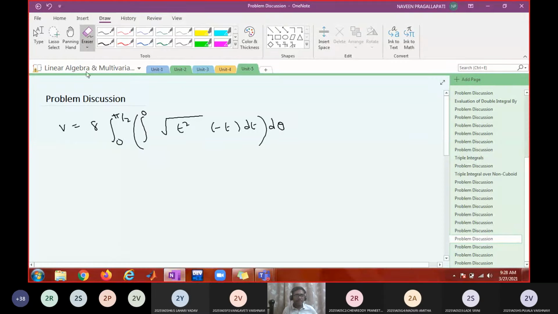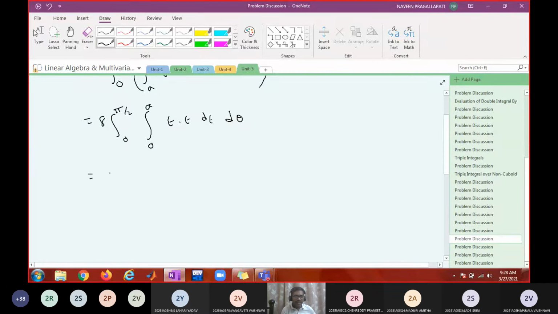Okay, so now using this minus, can I interchange these limits? Integral a to b is minus integral b to a. So if I don't want to use this minus, you interchange the limits. 0 to a, under root of t square is t, into t dt d theta.